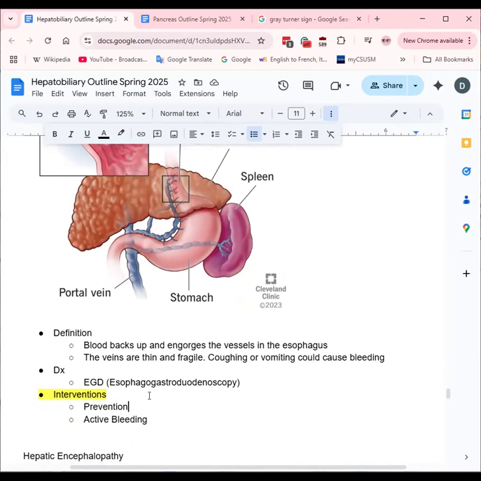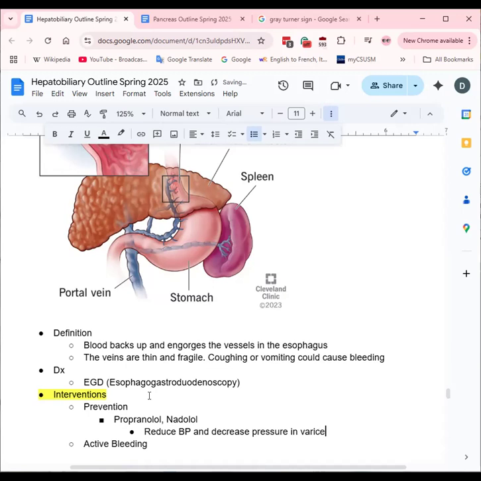When you want to prevent it, the intervention is usually propranolol, and I think he also mentioned nadolol. These are to reduce the blood pressure and decrease pressure in the varices. So you want to have this medication there to decrease the pressure so that it's not going to burst.